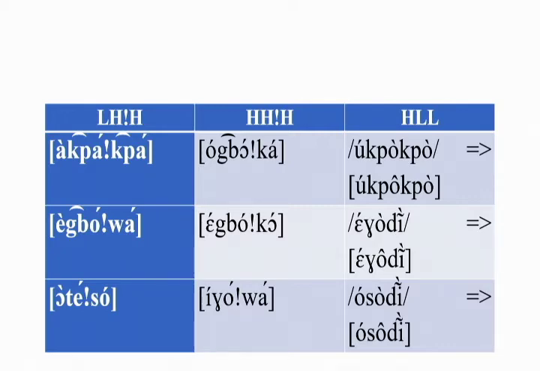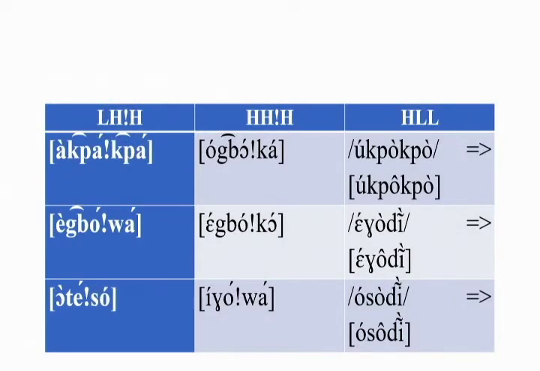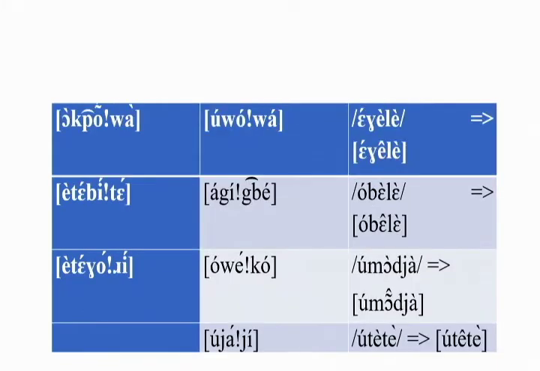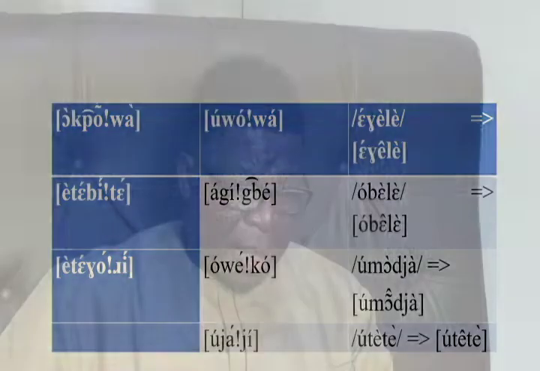Then we have the high, low, becoming high, falling, low in Ukoko, Erodi, Osodi, Erele, Obele, Umodia, Utete.